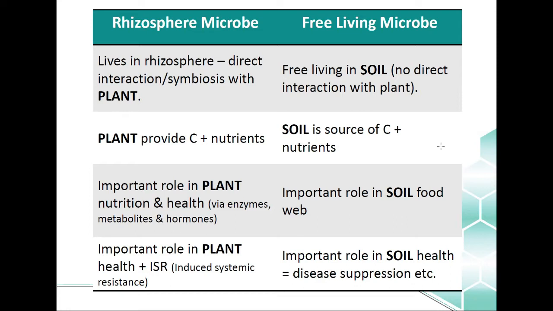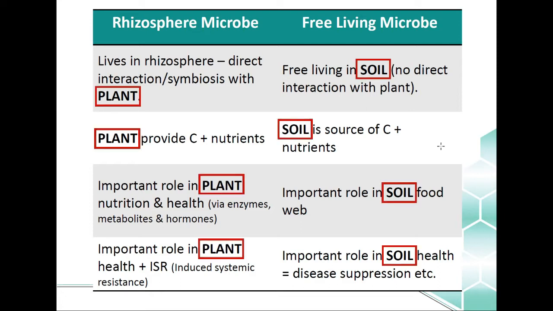Rhizosphere microbes are also very important in plant health via induced systemic resistance, the molecules they produce to switch on certain genes that give the plant better resistance towards pathogen infection. Whereas the free-living microbe is very important in soil health, for example suppression of dominant pathogen groups in the bulk soil.